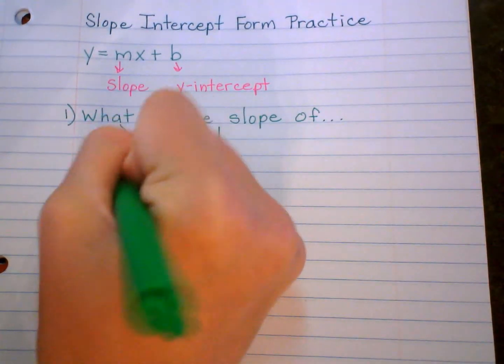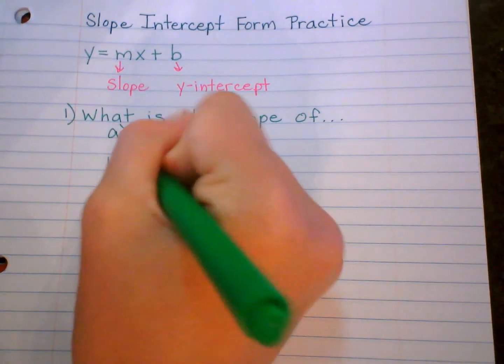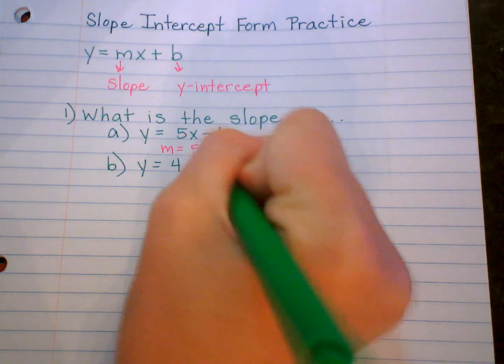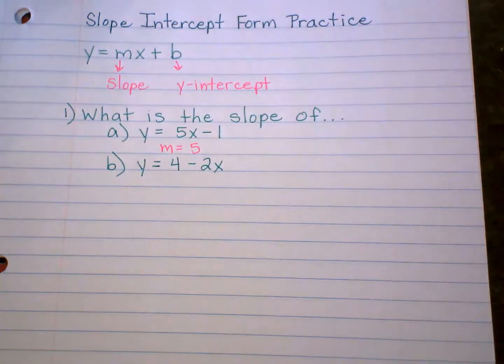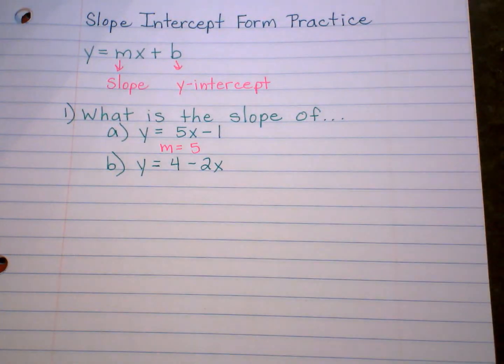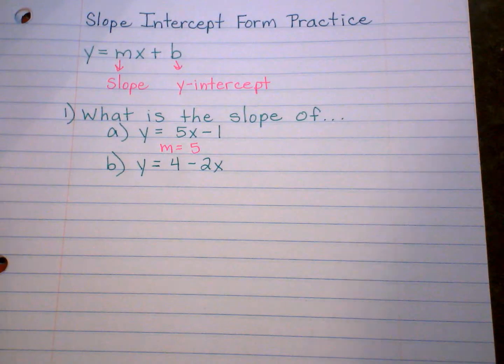Okay, what is the slope for y equals 4 minus 2x? So pause the video and try to figure out what the slope is for this equation. All right, well, y equals 4 minus 2x. Is that in y equals mx plus b form?